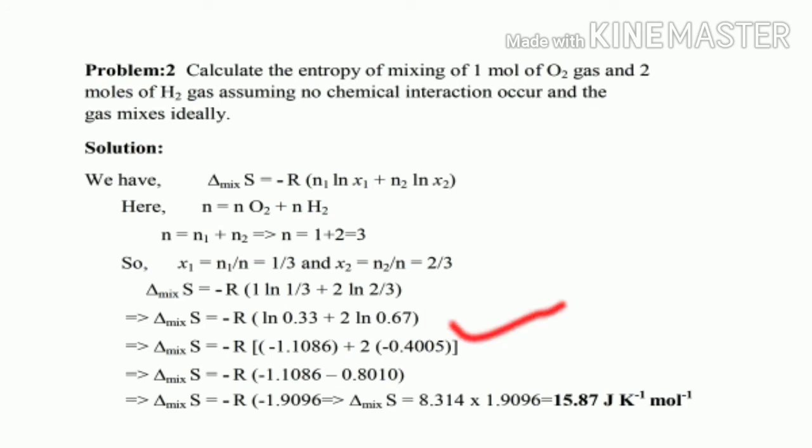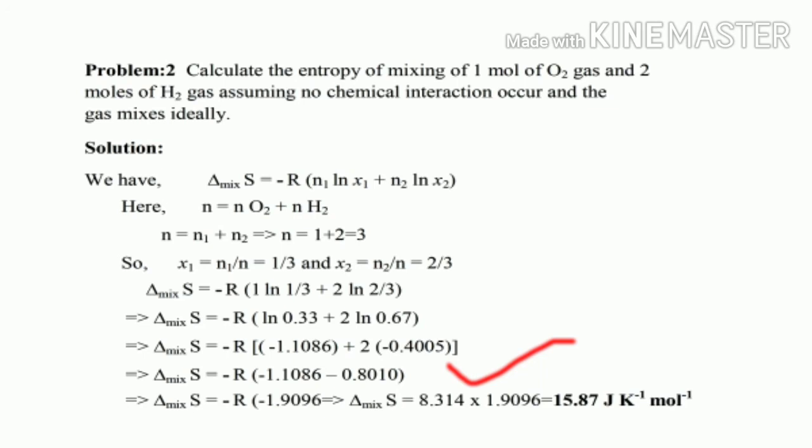This implies ΔS_mix = −R (ln 0.33 + 2 ln 0.67), which gives −R (−1.1086 + 2 × −0.4005). This implies ΔS_mix = −R (−1.1086 − 0.8010).